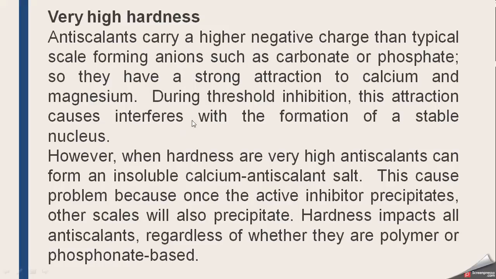During threshold inhibition, this attraction causes interference with the formation of a stable nucleus. However, when hardness is very high, the antiscalant can form an insoluble calcium antiscalant salt. This causes another problem because once the active inhibitor precipitates, other scale will also precipitate.